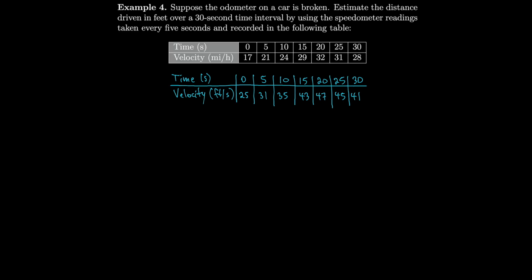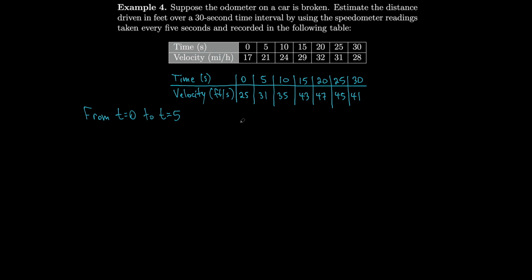Let's look at this from, let's say, t equals 0 to t equals 5. We're going to assume that from 0 to 5, the velocity doesn't change much. It just goes from 25 to 31. So we'll calculate the distance traveled, assuming a constant velocity.